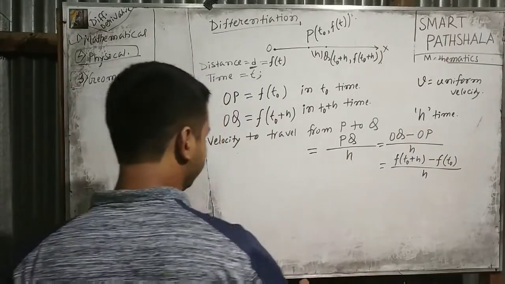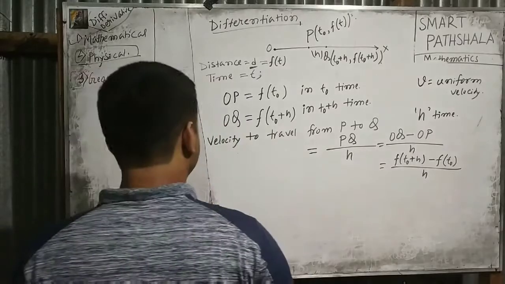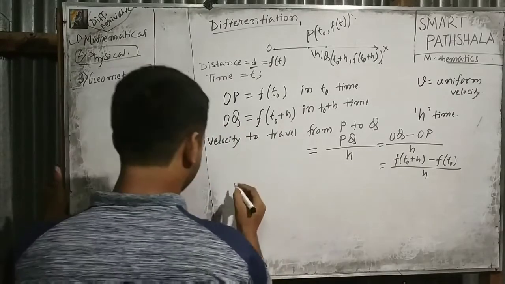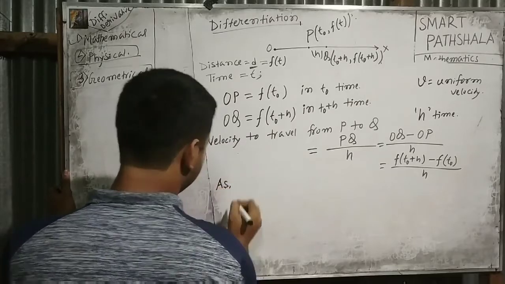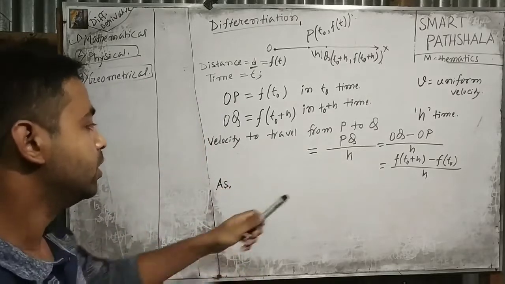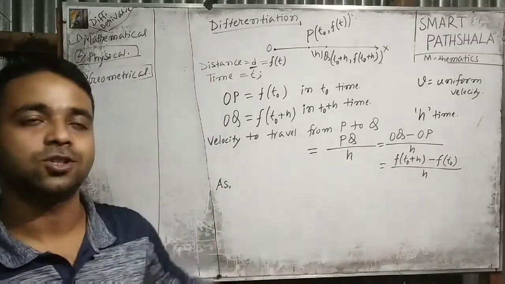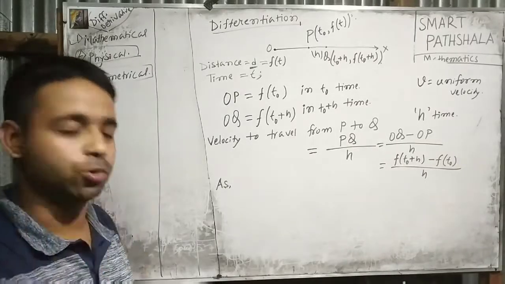Now, hold it. At this point, suppose this time is t, this time is h, and suppose h is very, very close to 0.